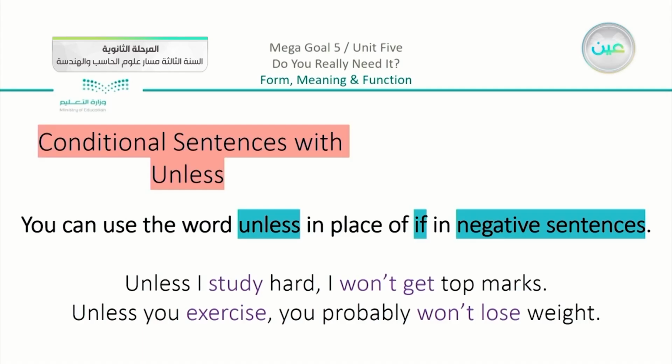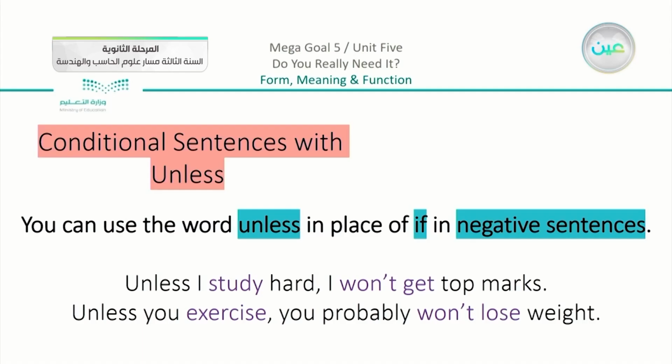Now we have our examples. Unless I study hard, I won't get top marks. I will not or I won't, which is the negative form of will not. And the second one, unless you exercise, you probably won't lose weight. Now you can see that also we have here the negative in the second sentence.